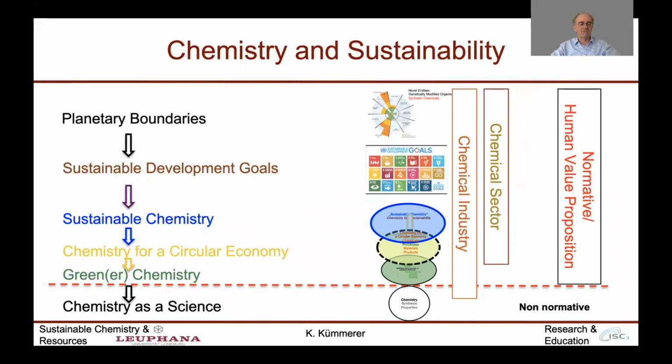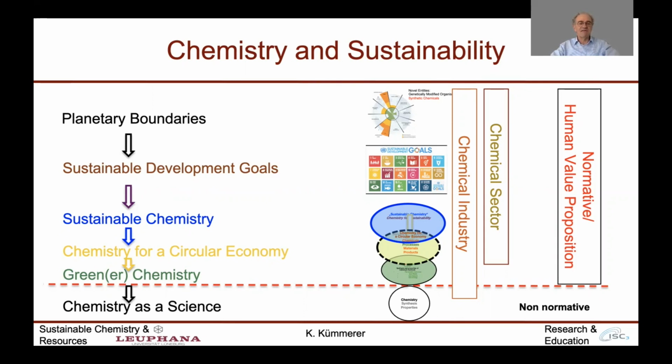a chemical reaction. Then we have green chemistry, or better, greener chemistry, because we cannot say absolutely what is green. We can only compare by measuring or whatever means, and come to a conclusion that something is better than another thing.